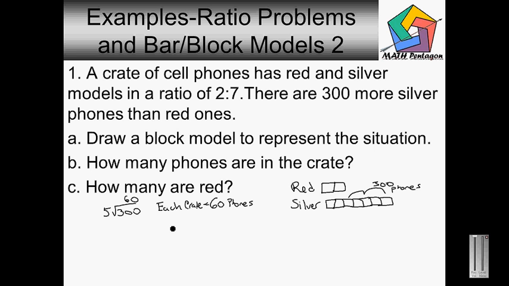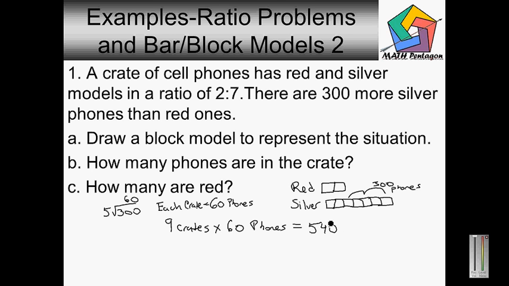Now we have 9 crates altogether. So we basically multiply 9 crates times 60 phones, which is equal to 540.